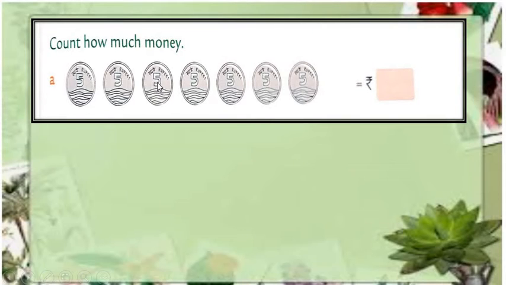You can see here we have some 5 rupees coins. We want to know the total of this money.